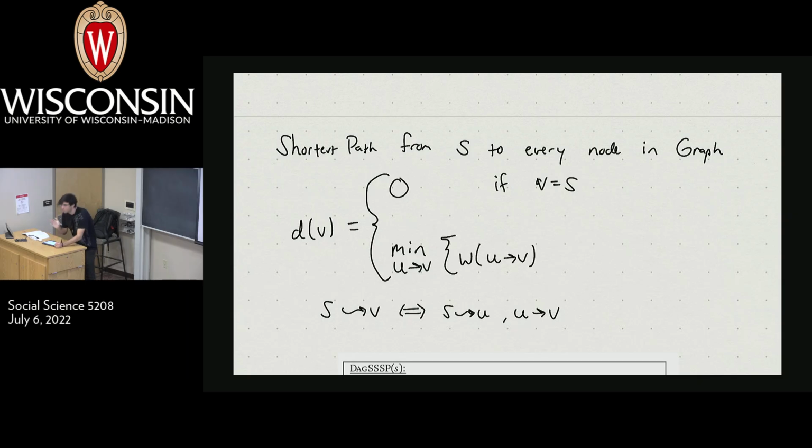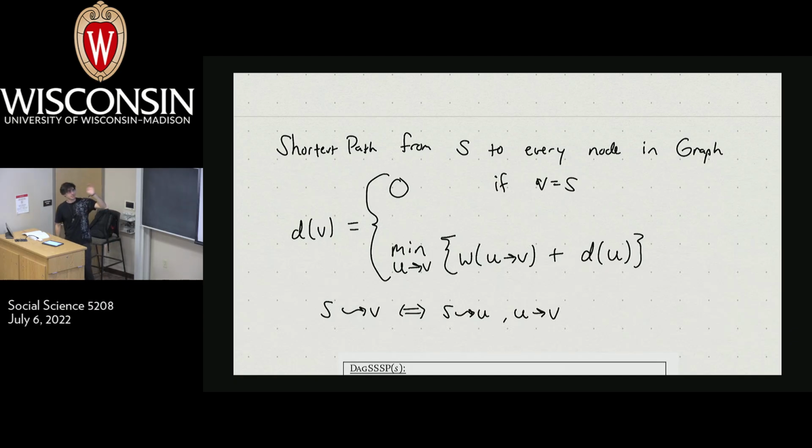So it doesn't have to be 1 plus. We can assume it's a weighted graph. We can solve the even more general problem. So the weight of the path is the weight of the last edge plus the weight of all the other edges. So it's plus the distance to u.